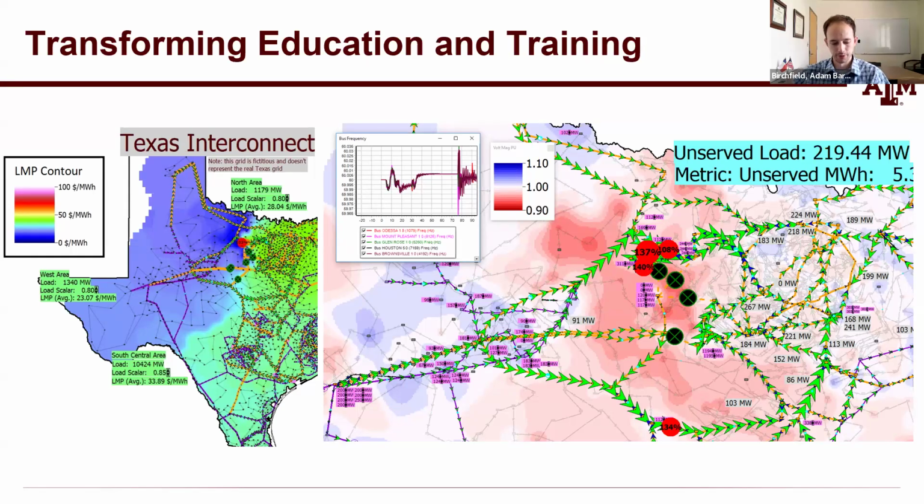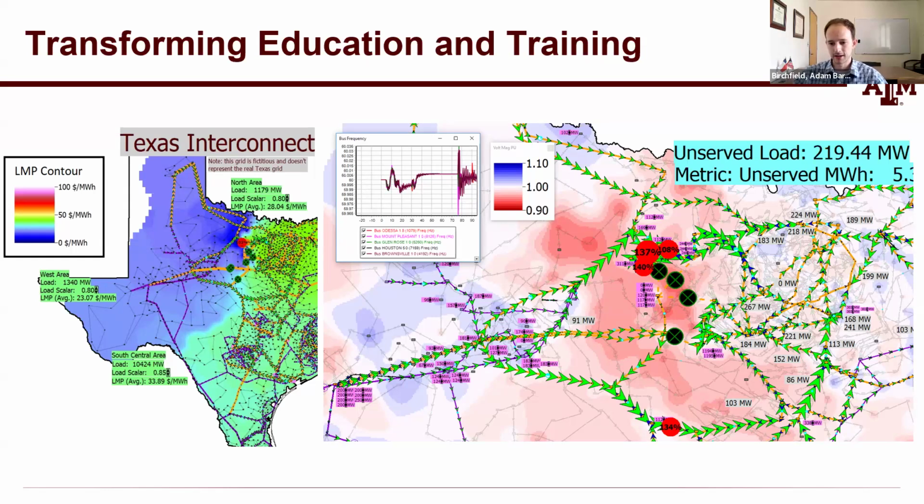We couldn't do it for real grids because of the confidentiality restrictions, but we can with synthetic grids. And so the students get experience using large realistic grids. This has two main benefits. One is I think it's motivating because the students recognize Texas, they recognize a realistic case, and they can connect this to the real world problems.